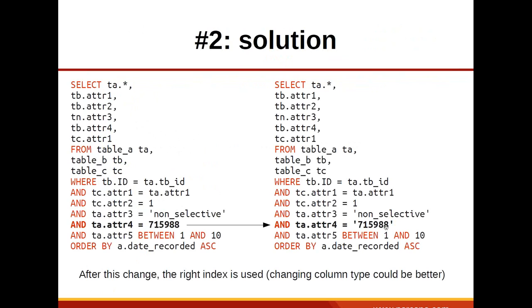How can we overcome this issue? Apart from that, we can overcome this by changing the data type of attribute4 if it's really a number. And if it's really a number, our best option is to change the data type on attribute4 itself.